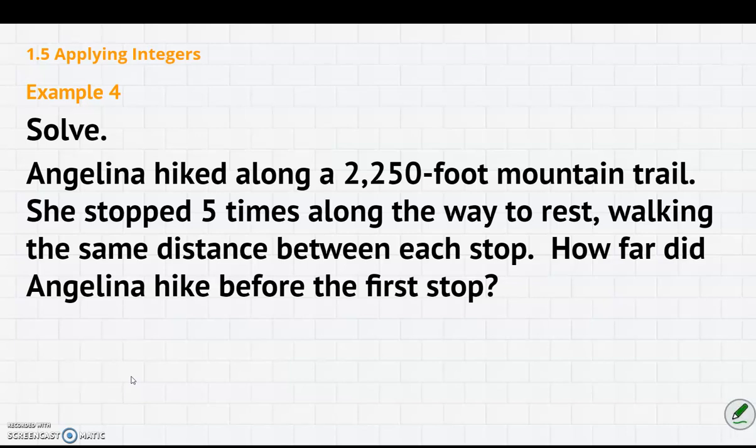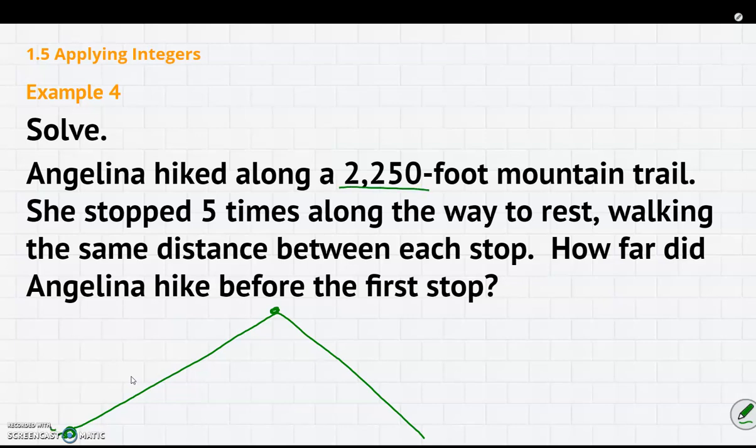Again, I like to draw pictures, so I might think about drawing a mountain for my picture. Okay, here's my mountain, and Angelina is starting at the bottom of the mountain way down here. Okay, she is hiking way to the top, and it says she's hiking 2,250 feet.